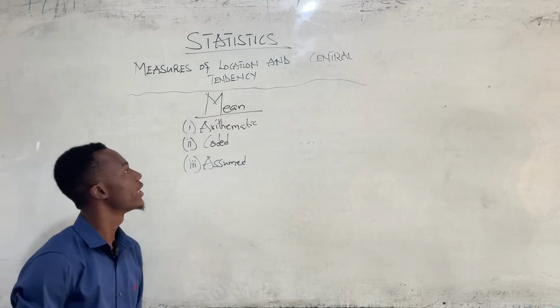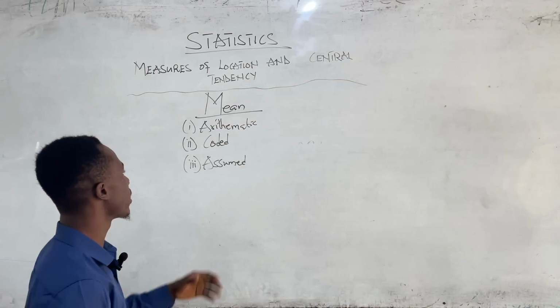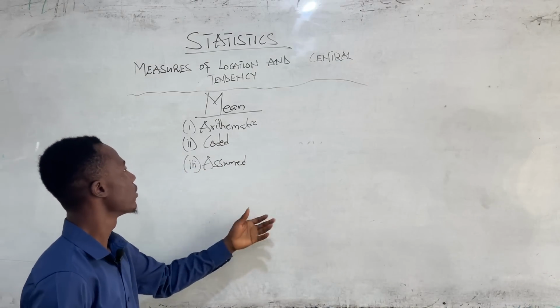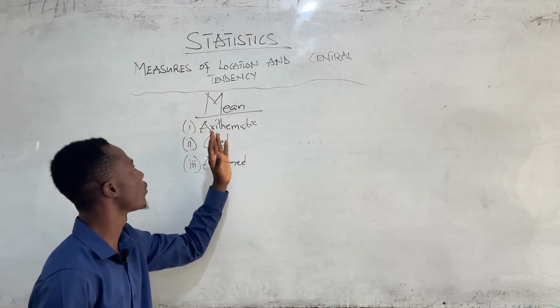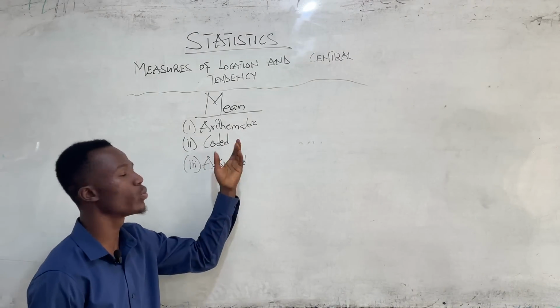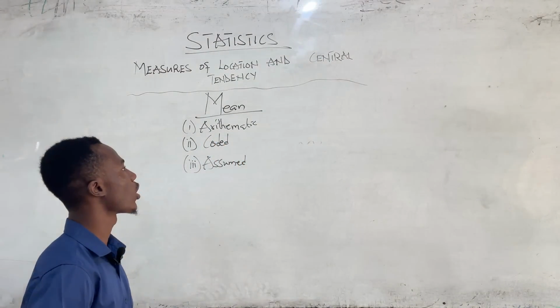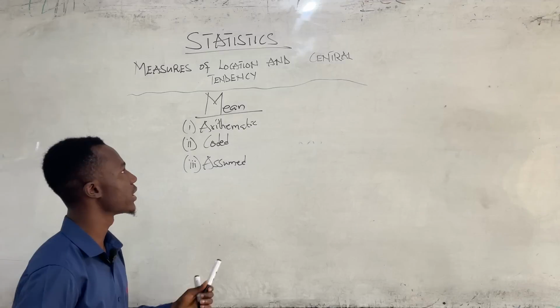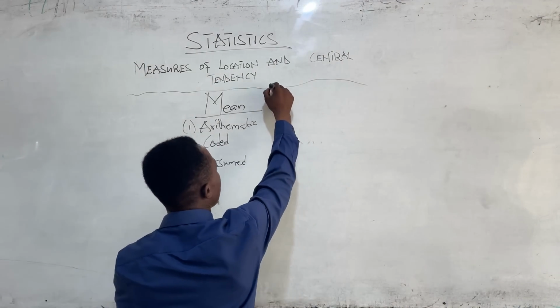But any format or formula that you use, you are still going to get the same answer, because they are all methods of calculating the mean. Here the focus will be on arithmetic mean, and we will also talk about the population and the sample. So let's dive into arithmetic mean.